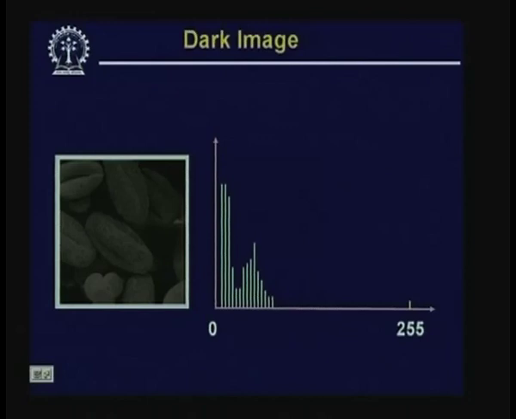On the right hand side we have shown the corresponding histogram, and you find that most of the pixels in this particular image have an intensity value near about 0, and there is practically no pixel having higher intensity values, and that is what gives this image a dark appearance.